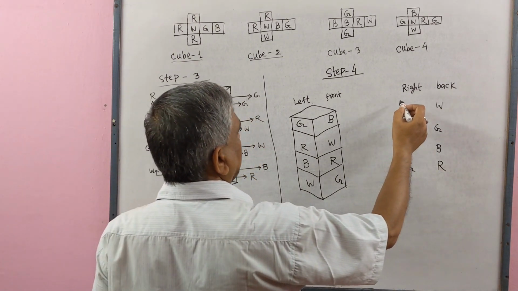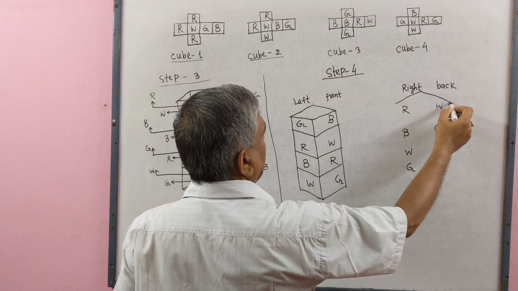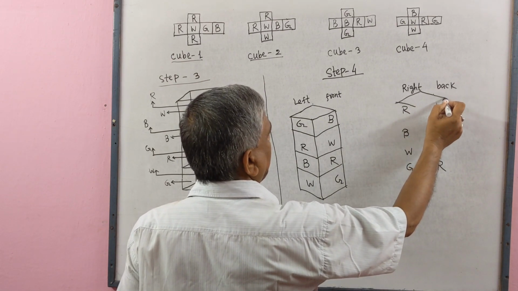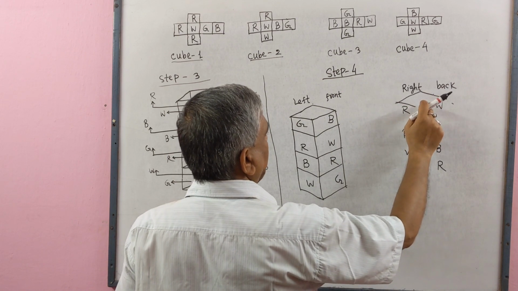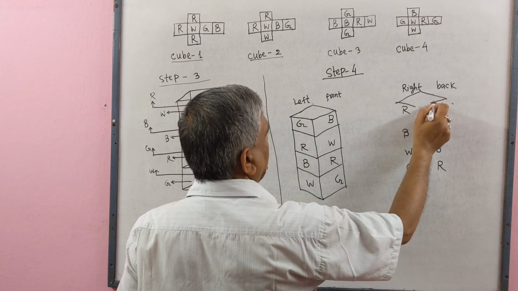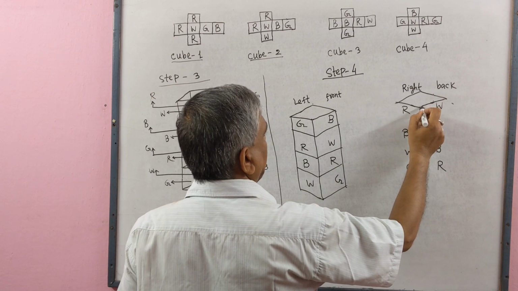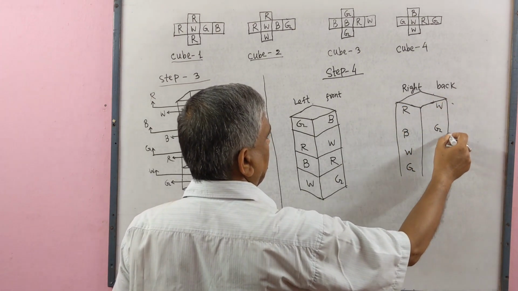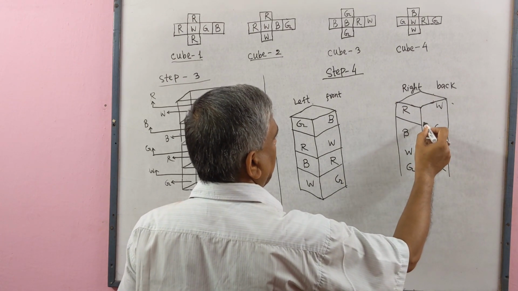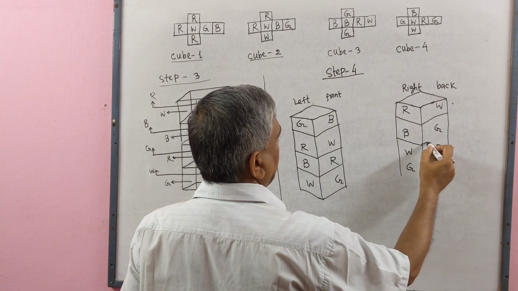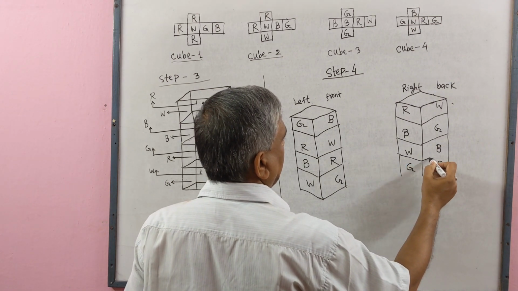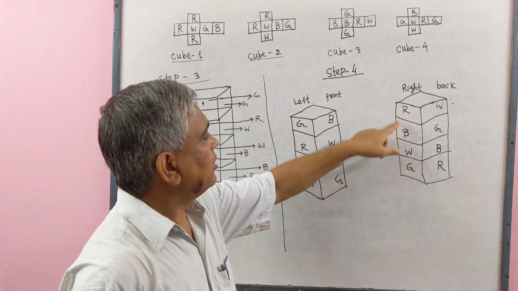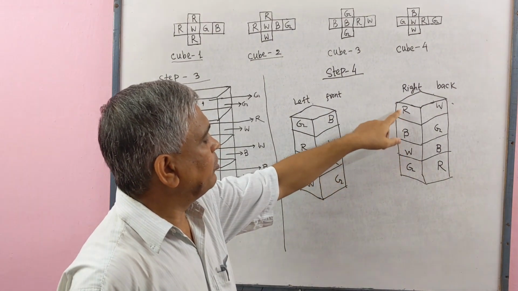So we may draw like this. Here we see that we have 4 different colors in 4 faces.